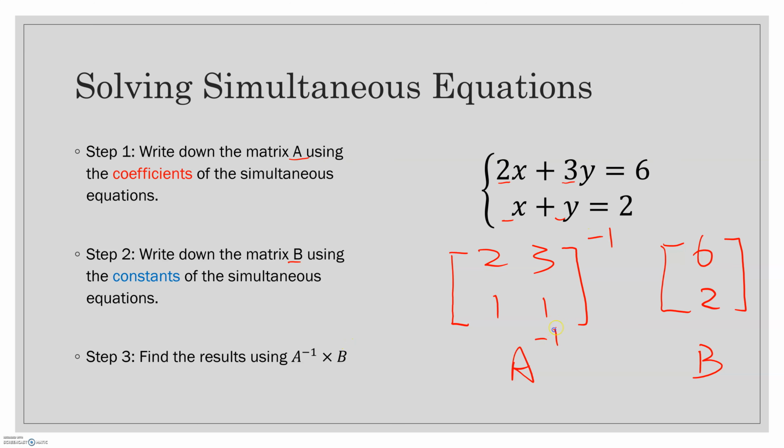Remember, it's very important to put that inverse there. So put the inverse of A and then multiply it by the second matrix, matrix B. And the result is going to be the solution to this simultaneous equation. It's pretty magical. We'll leave the reason to the last page if you are interested. But so far, we just want to focus on the applications, how to use that.